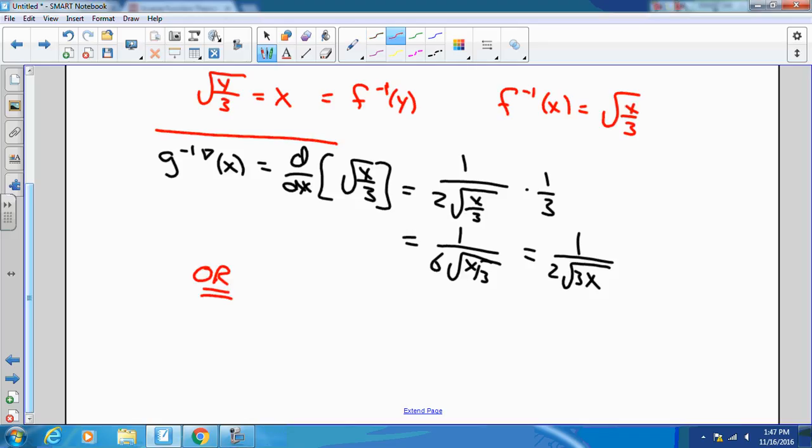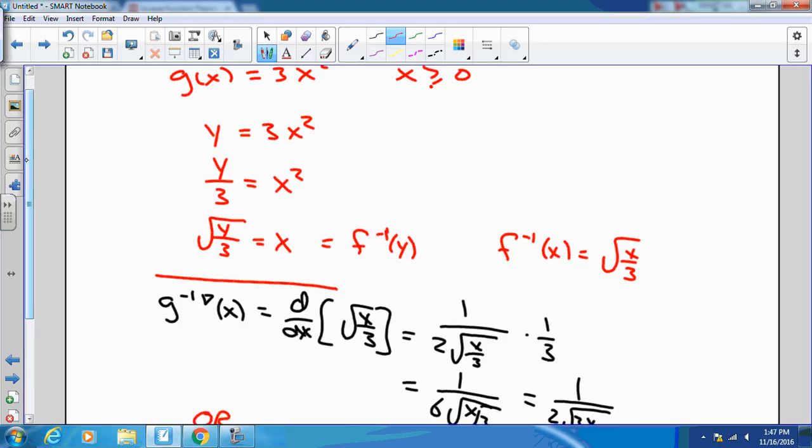Or I could appeal to the inverse function theorem and say that g inverse prime is 1 over g prime, evaluated at g inverse of x. And Clara, now we're clear that this does not refer to multiplication at all, right? So I need to know what g prime is. Going back to g, here's g of x right here, I can compute that g prime of x is equal to 6 times x.